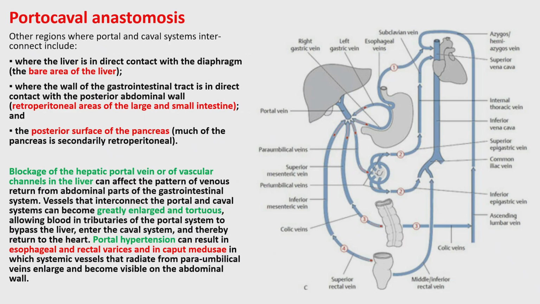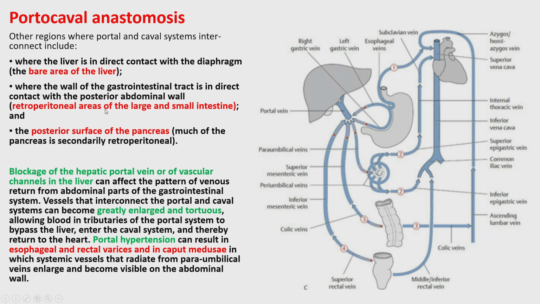Yes, so this is, as a matter of fact, the recapitulation of what I said, and another three places of the portocaval anastomosis are the bare area of the liver, a small part of the liver which is not covered by the peritoneum, it is covered by the diaphragm. This is a part of the portocaval anastomosis.